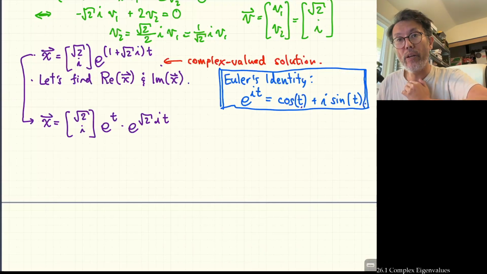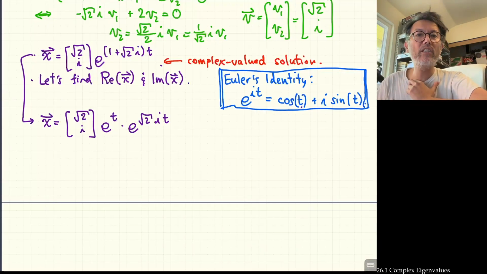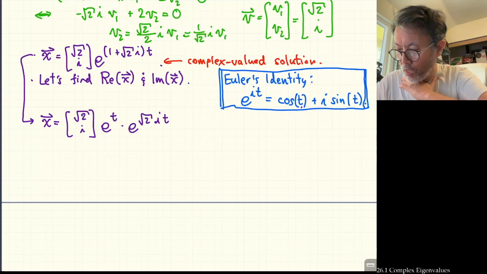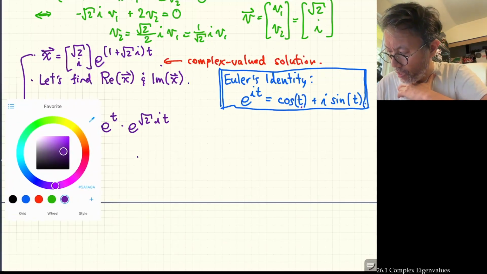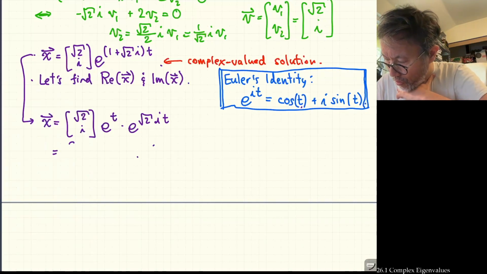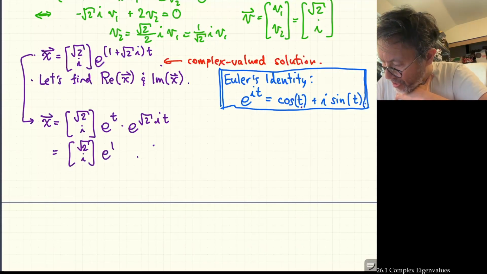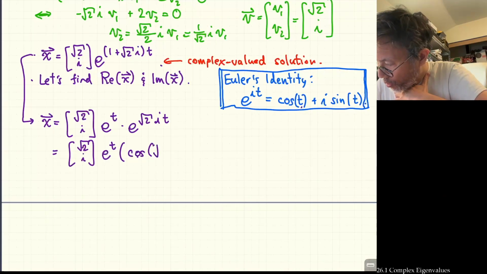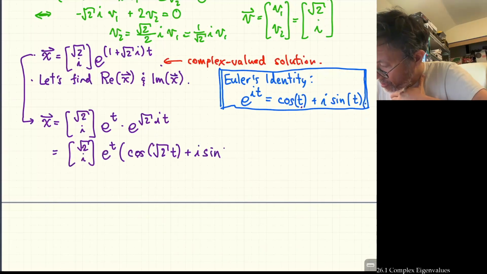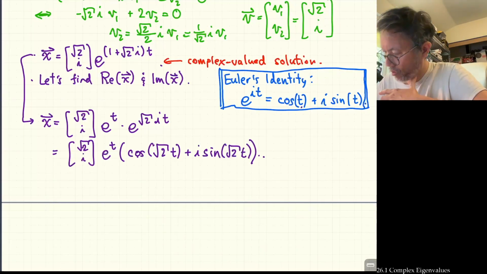So what we get then is e to the t, and then cosine of square root of 2 times t plus i sine of square root of 2 times t.